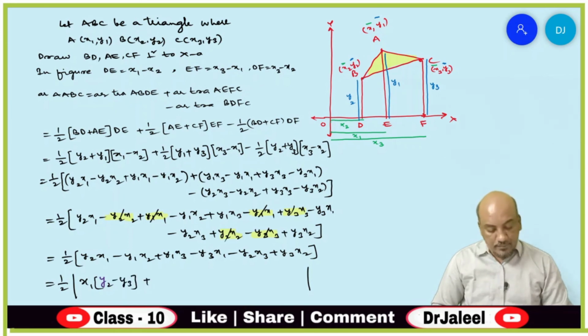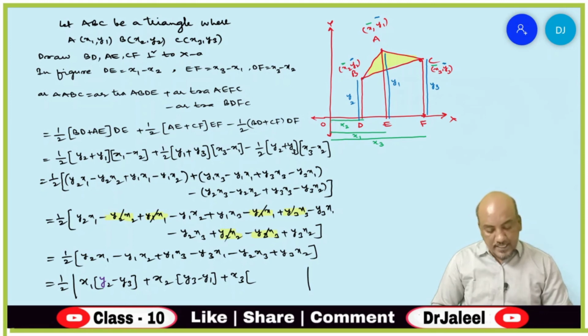Children, same way we will take now x2 common. Where is x2 in the expression? Here there is 1x2 and here there is 1x2. So when you take x2 common, what will be there? y3 minus this y1. So let us write y3 minus y1 plus, now this time we will take x3 common.